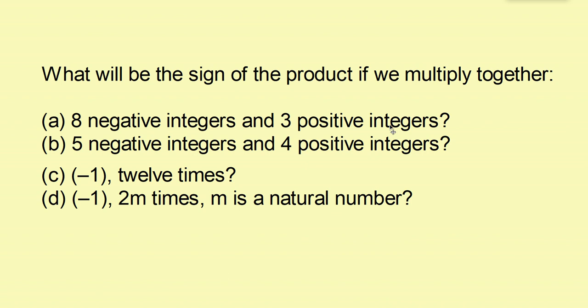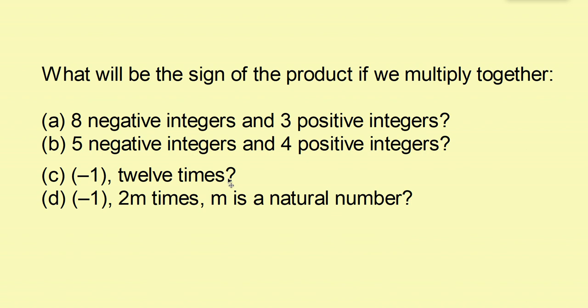Then positive into positive, you are getting a positive integer. What will be 5 negative integers and 4 positive integers? 4 positive integers is positive. 5 negative integers means it is an odd number, so it is negative. So negative into positive, negative will be the answer.